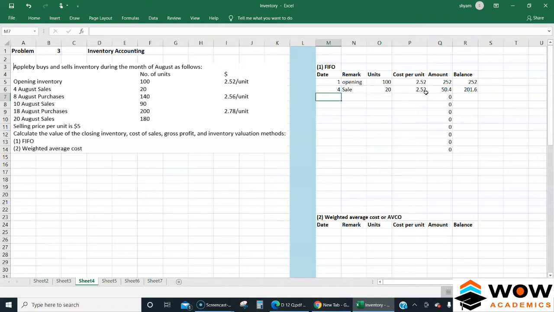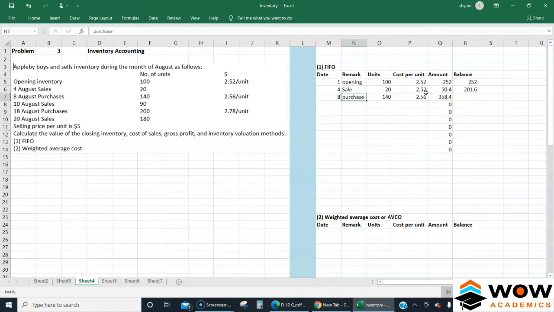So on the 8th we have a purchase. We have 140 units at 2.56, so the total value comes to 358.4.